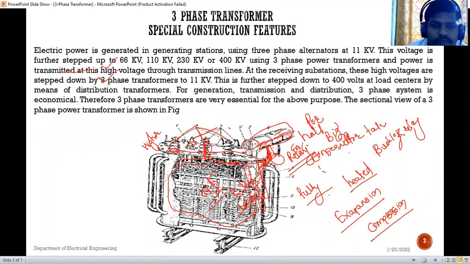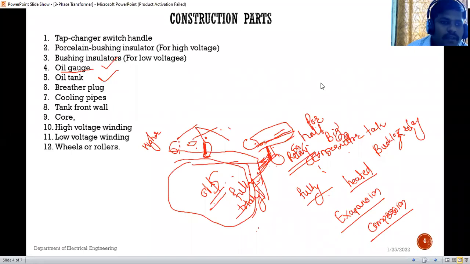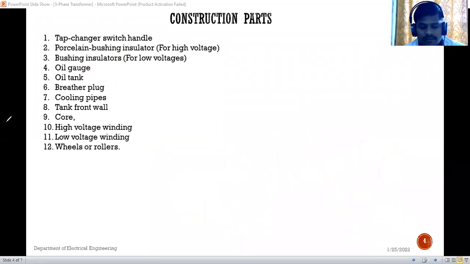Now next one point is there. That means the next construction part is there. That is the breather, or we can call it a plug. Okay, breather is nothing but one device, or it may be breathing.